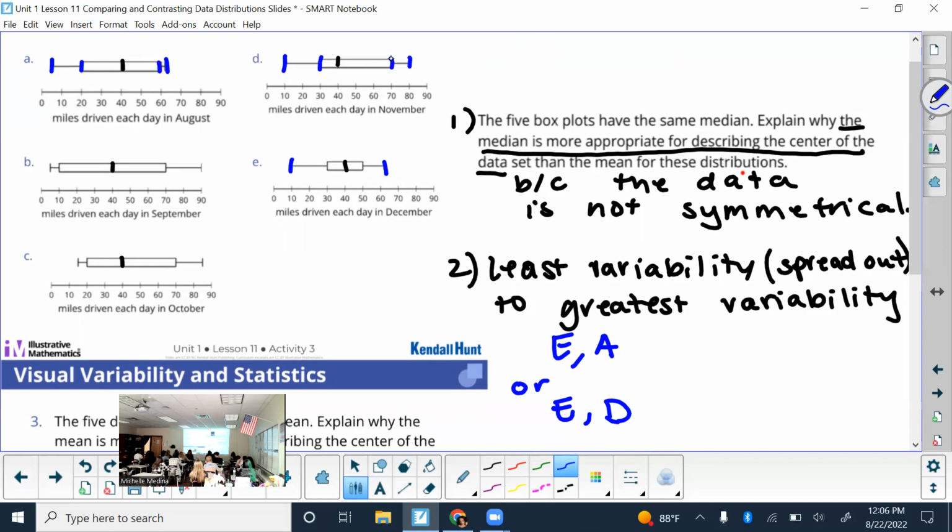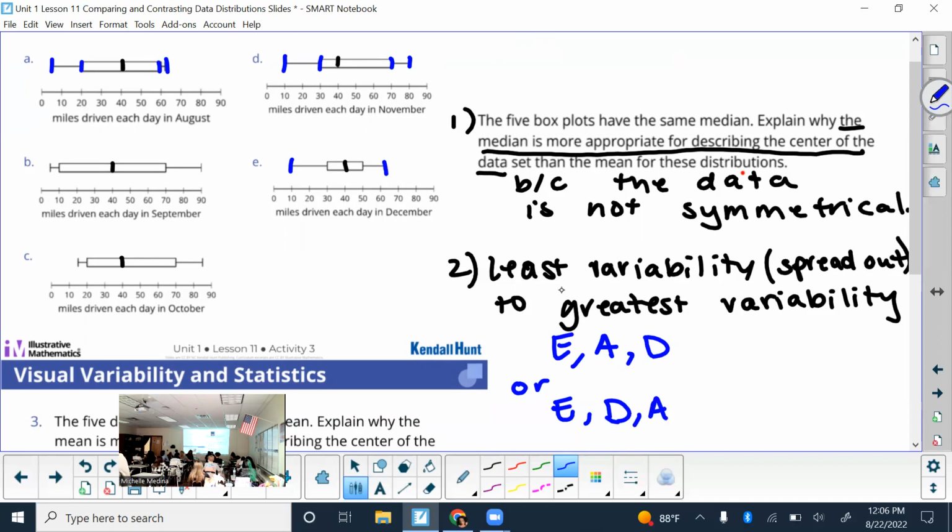So there's 2 possible answers. What do you think is the third least spread out? If you said A for the second one, then D would be third. If you said D for the second one, then A would be third. Because again, they're both similar.